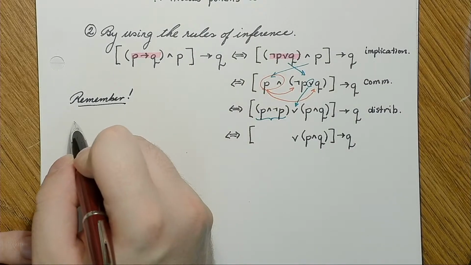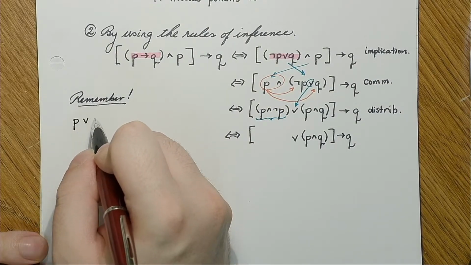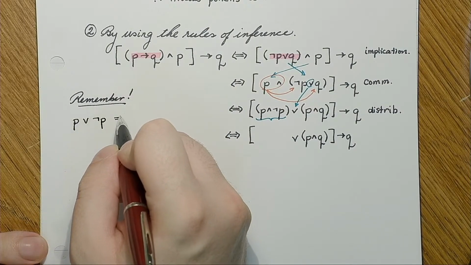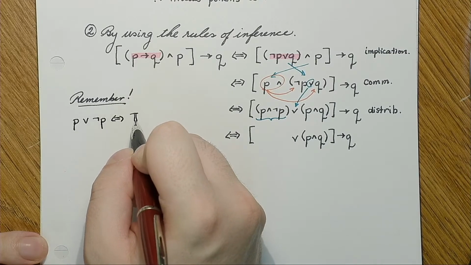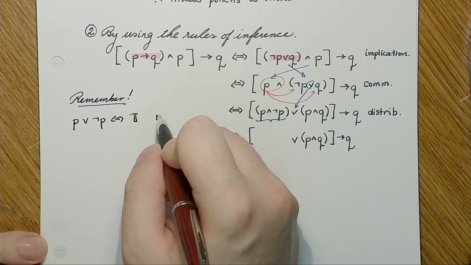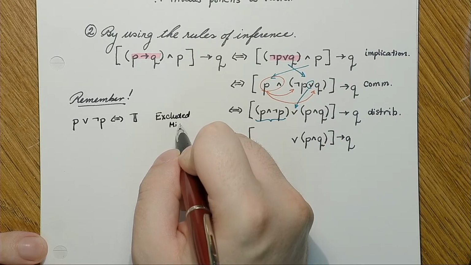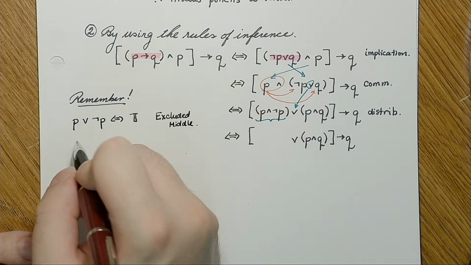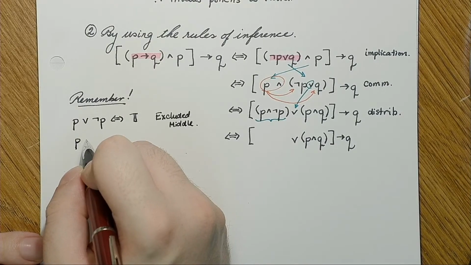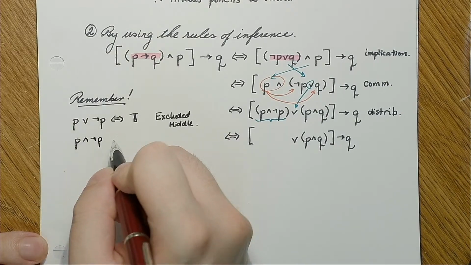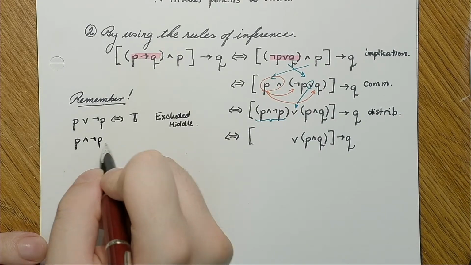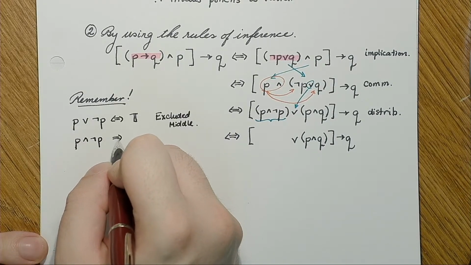So remember, P or not P, that's a tautology, that's the excluded middle rule. And P and not P, you have something and not something. That's not possible.